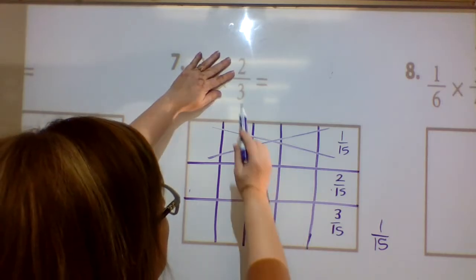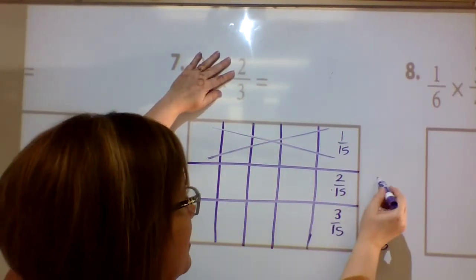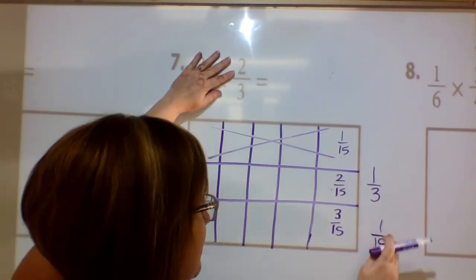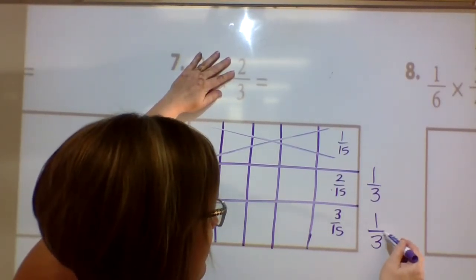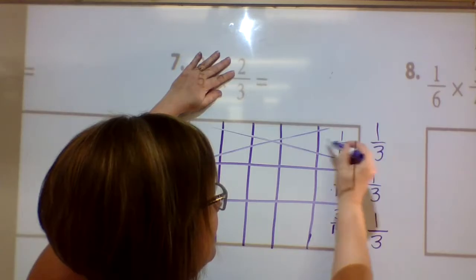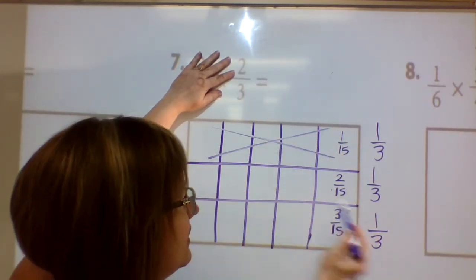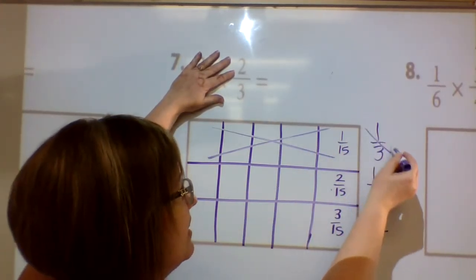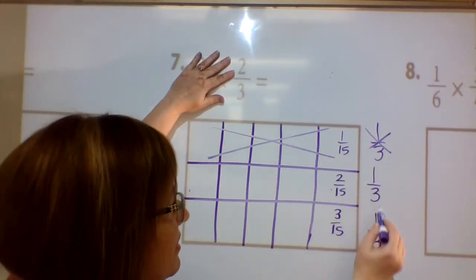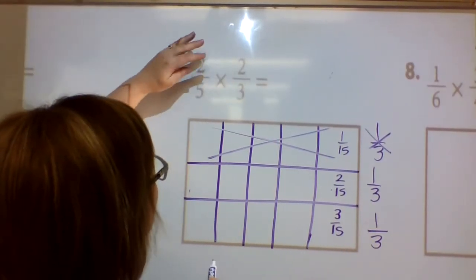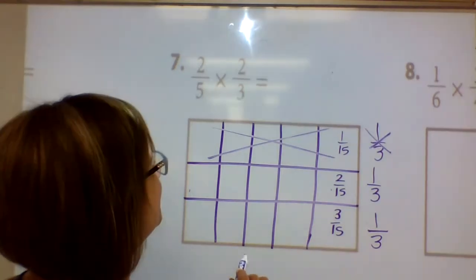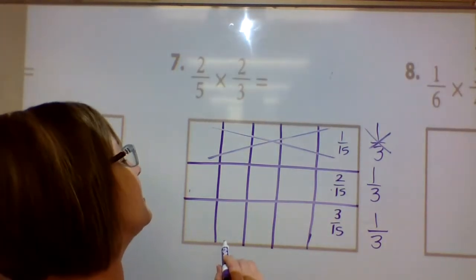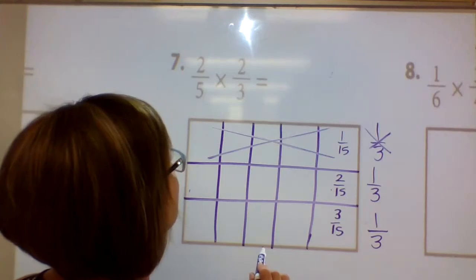Okay, we're only doing 2/3, so here's a third, 1/3, 1/3, 1/3. Do you see 1/3, 2/3, 3/3, and we just want 2/3. 1/3, 2/3. Okay, and we want 2/5 of 2/3. 2/3 of 2/5 actually. So 2/5.